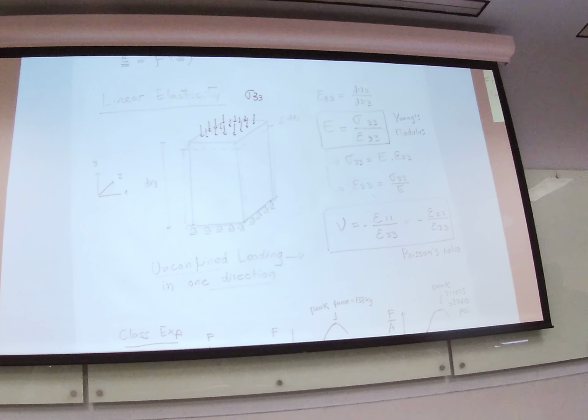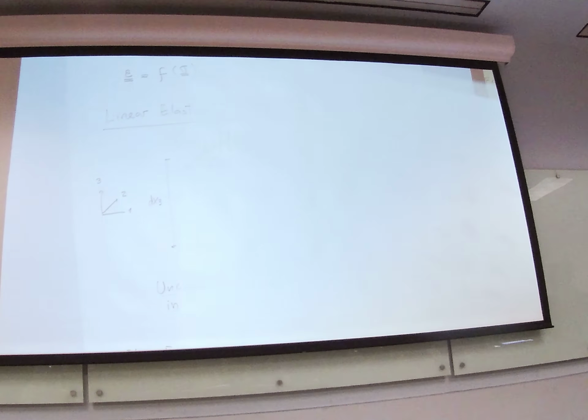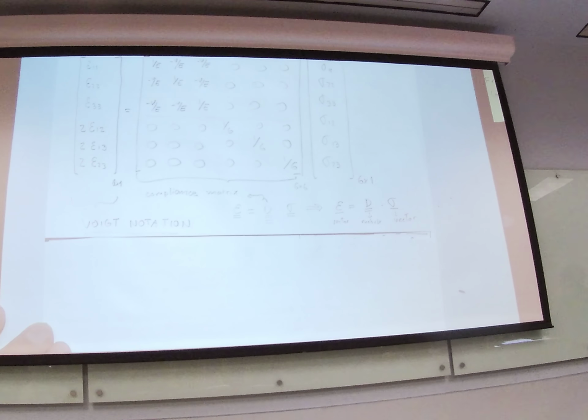We're halfway through our derivation. Let me see where. Oh, so we were over here. We wrote now this general relation of elasticity in 3 dimensions with this matrix. And we said that now we can relate strains to stresses.